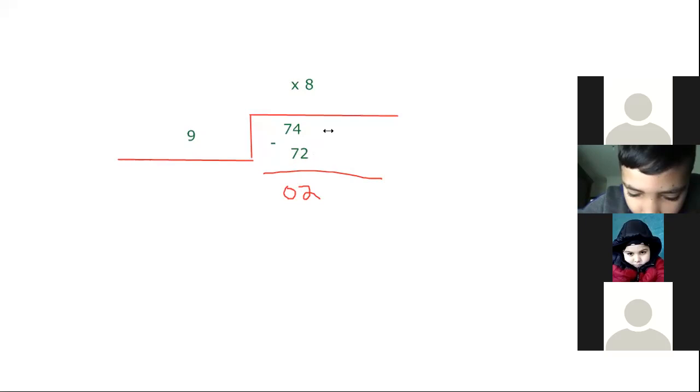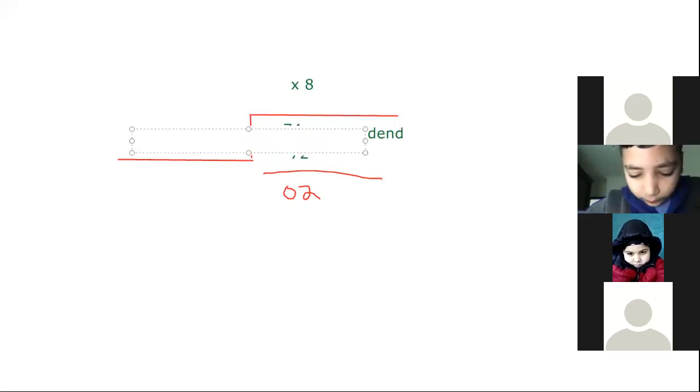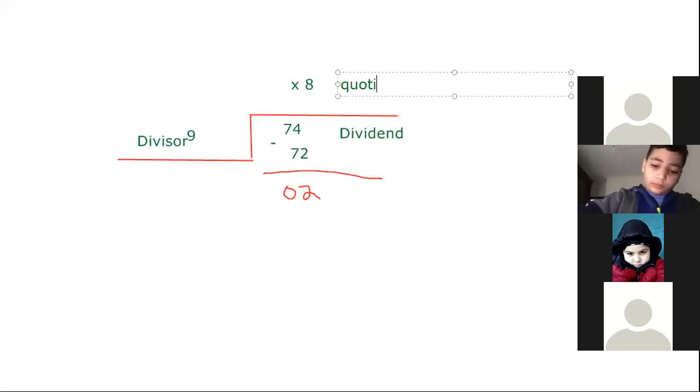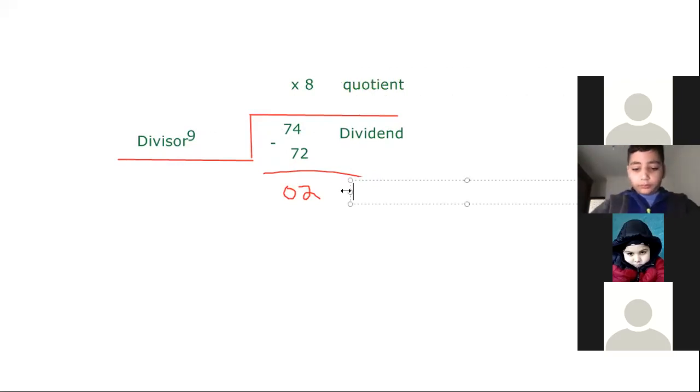What's the 74? Dividend. What's the 9? Divisor. What's the 8? Quotient. And what's the 2? Remainder.